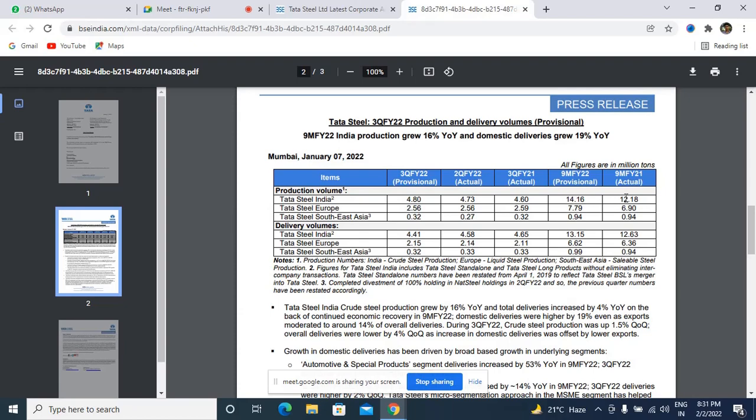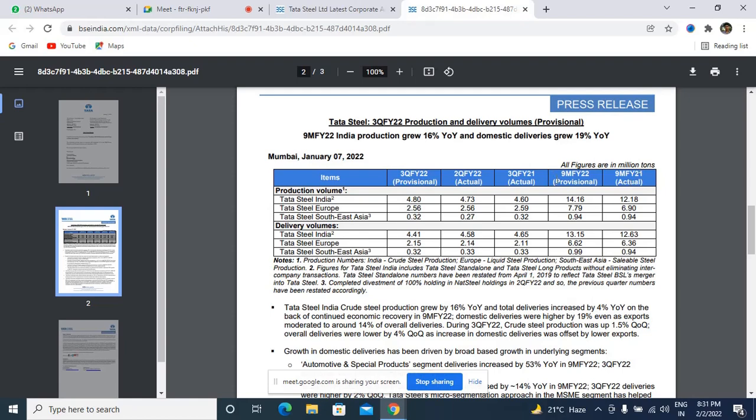So if you find the difference between 12.18 and 14.16, it is actually 16% added. Means if you just do 12.18 plus 16%, then it will turn out to be 14.16. Okay, so this is year on year.